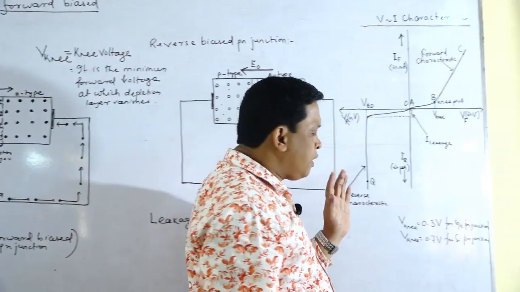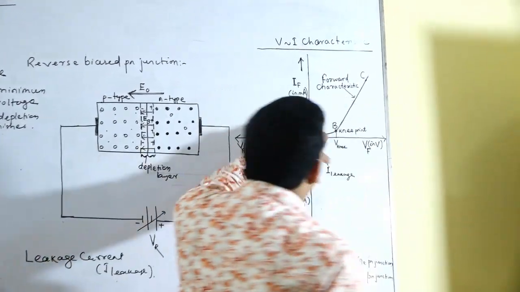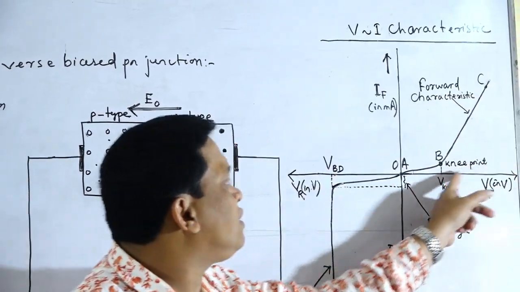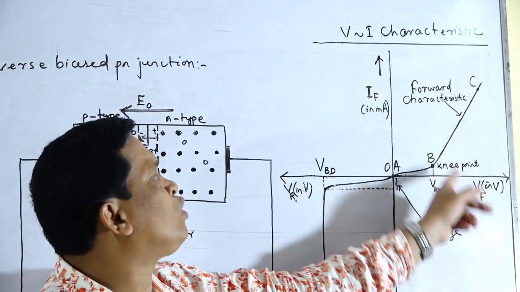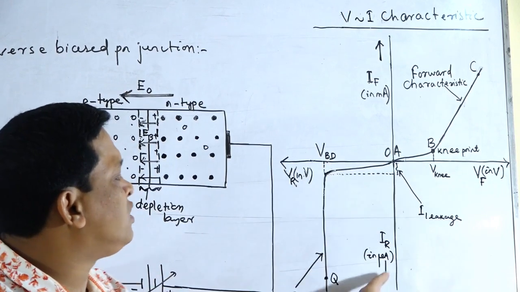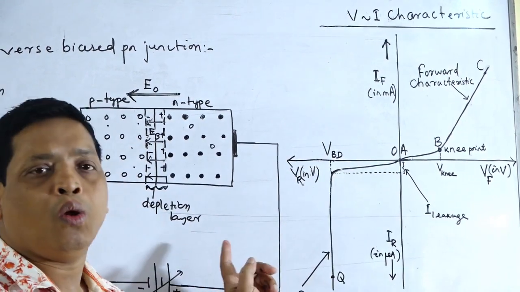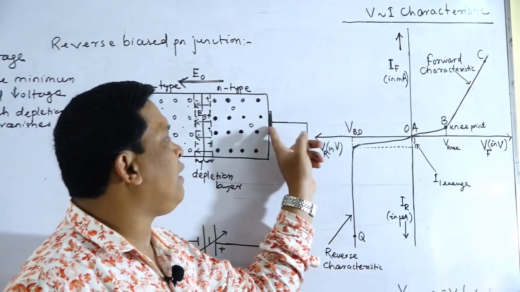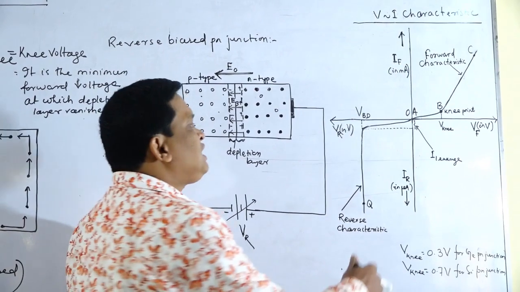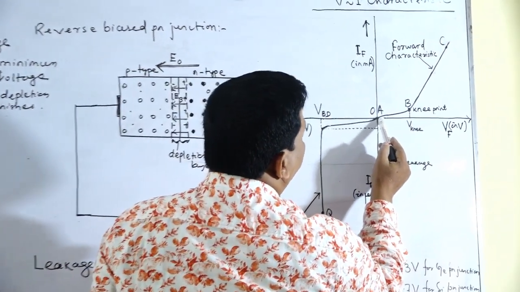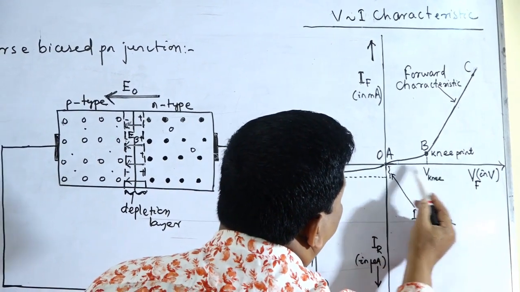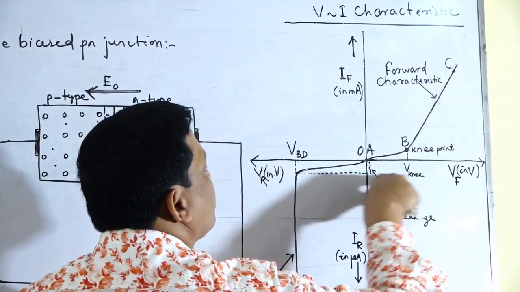Now this graph can be discussed under two parts: forward biasing condition in the first quadrant where voltage and current both are positive, and reverse bias condition in the third quadrant where voltage is negative, current flows in the opposite direction. Look here, in the first quadrant, we are first of all increasing the voltage.